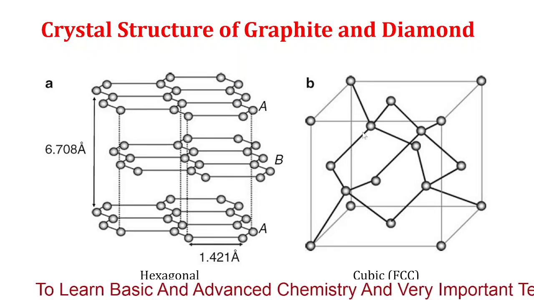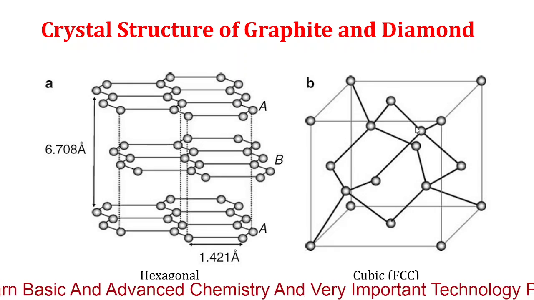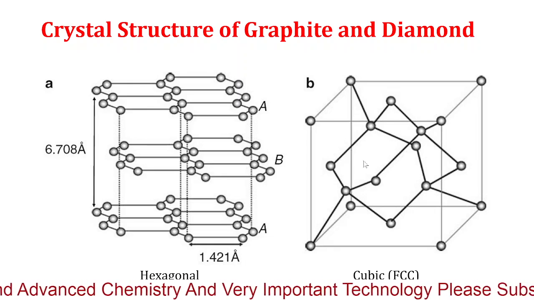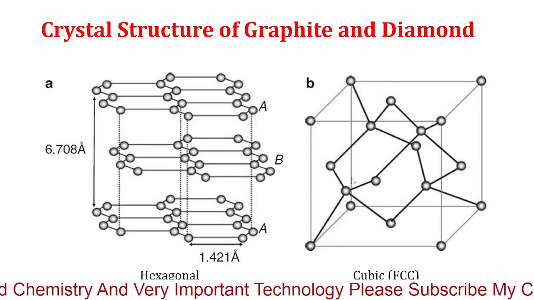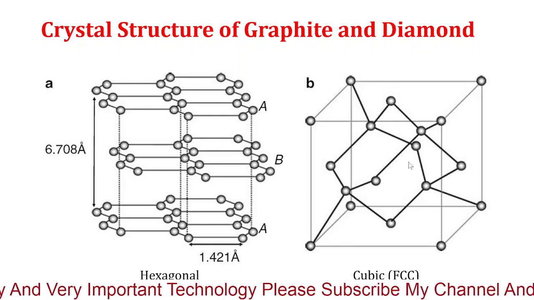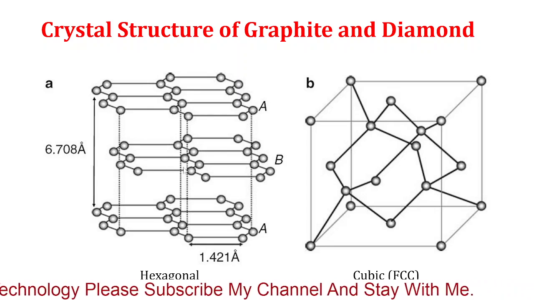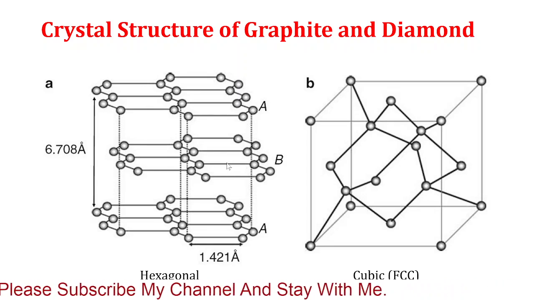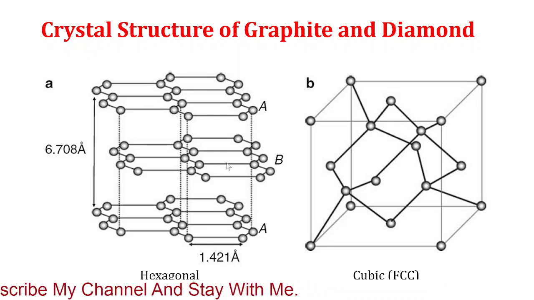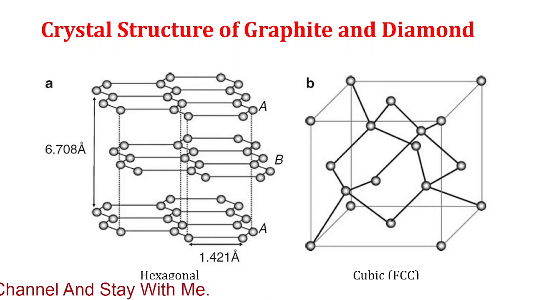Therefore if we want to break this tetrahedral bond, you need a lot of energy. But here you don't need huge energy, if you just push by your hand or with something else, that is enough to break these layers.